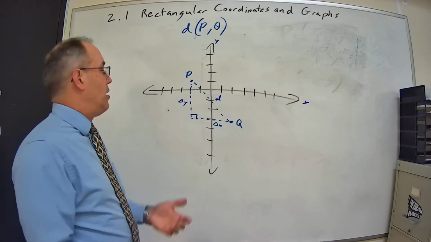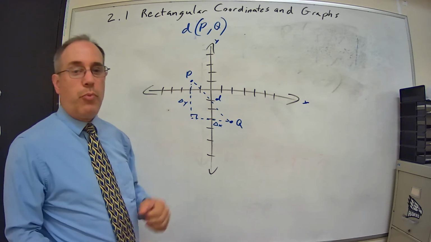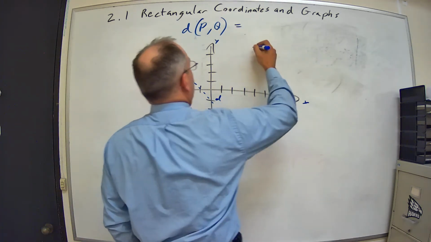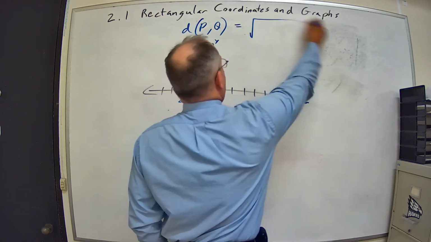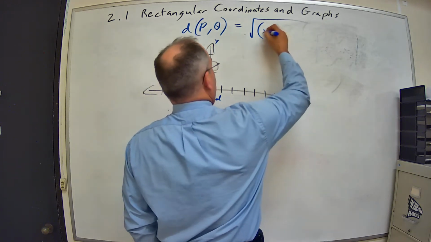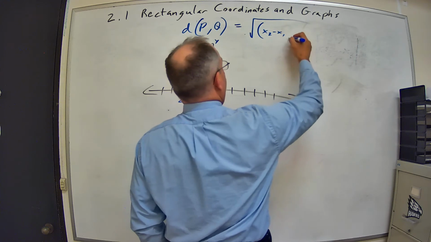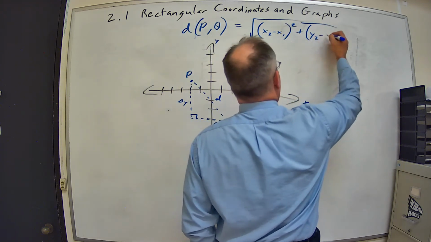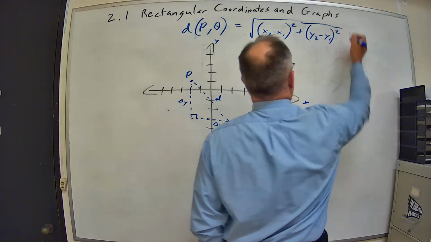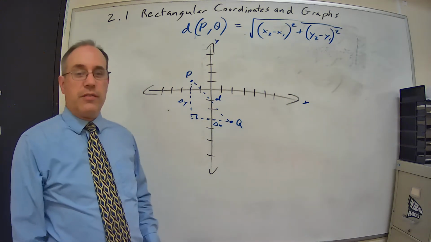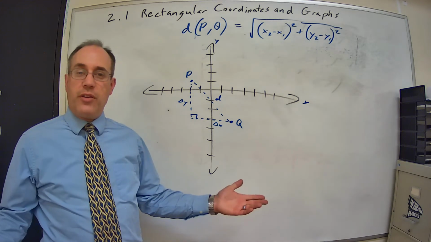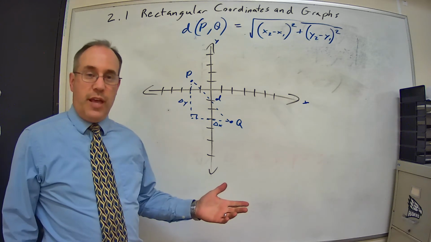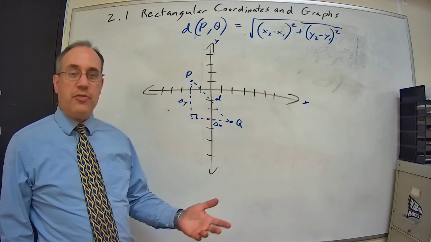So therefore, the distance formula for 2 points in the rectangular coordinate system is simply the square root of x2 minus x1 squared plus y2 minus y1 squared. It's just Pythagorean theorem. So find my difference between my x values, find the difference between my y values, and we've got it.